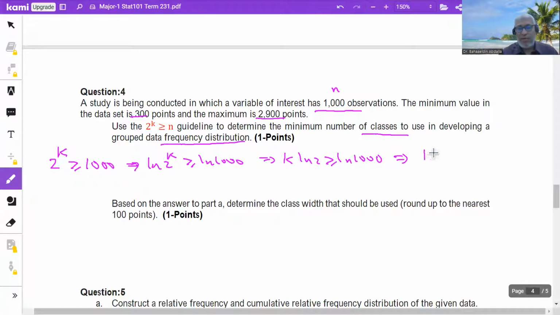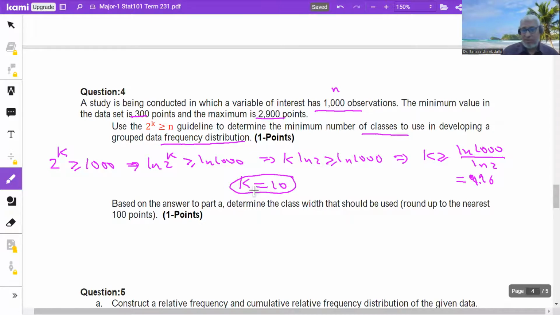Then we can divide by ln 2, and you will find that k is greater than ln 1,000 over ln 2. If you use the calculator, you will find that the answer is 9.96. So k should be greater than that, so you choose k to be 10. So the number of classes should be 10.